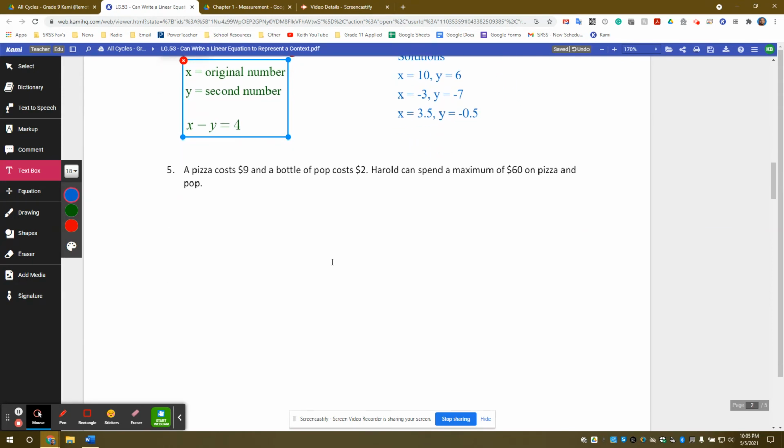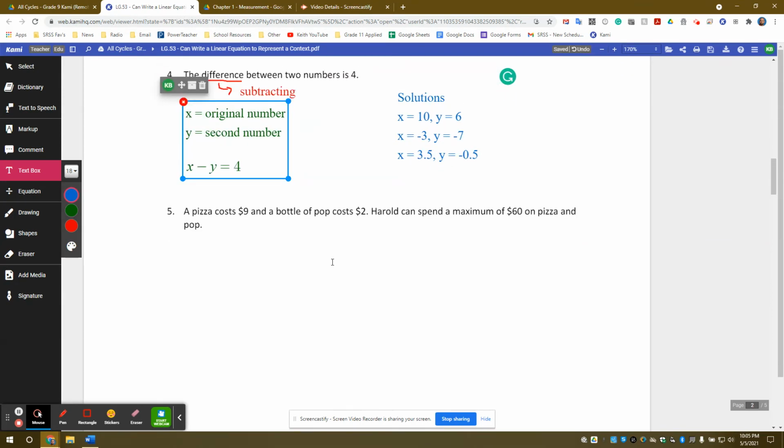So one more type of question that I want to show you is where we also have something that is going to be applied to our variables. We're told here that a pizza costs $9 and a bottle of pop costs $2. Harold can spend a maximum of $60 on pizza and pop. Well, what are our variables going to be? What are we looking for in our variables? It's important to recognize that what we're looking for is not cost.